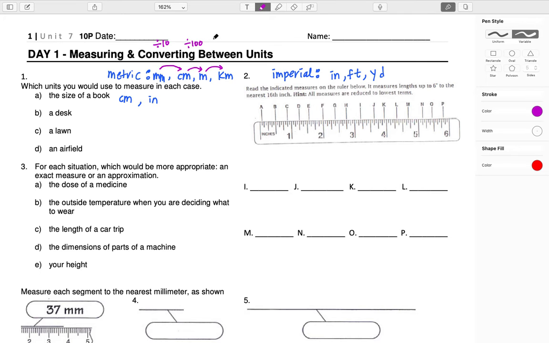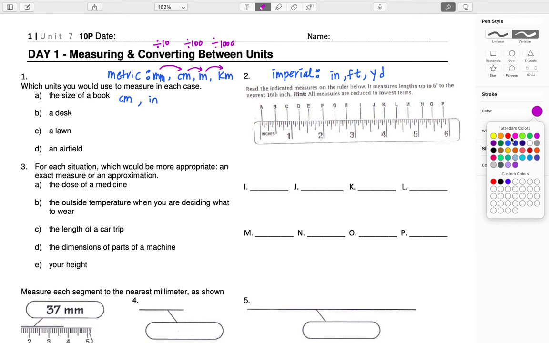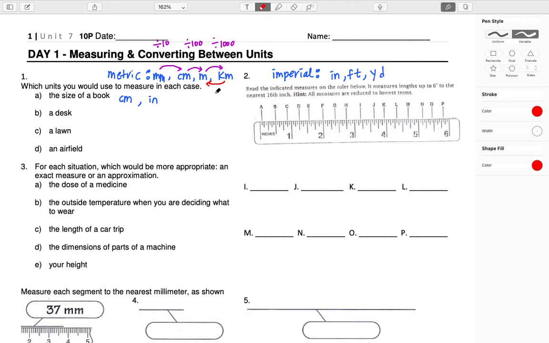And from meter to kilometer, you divide it by 1000. On the other hand, if I want to convert from kilometer to meter, you multiply that by 1000. Meter to centimeter, multiply that by 100. And centimeter to millimeter, multiply that by 10.